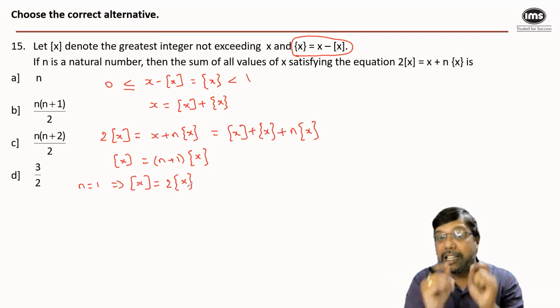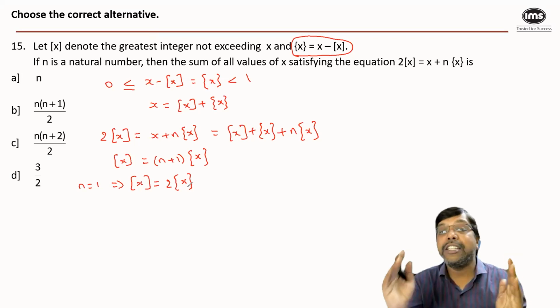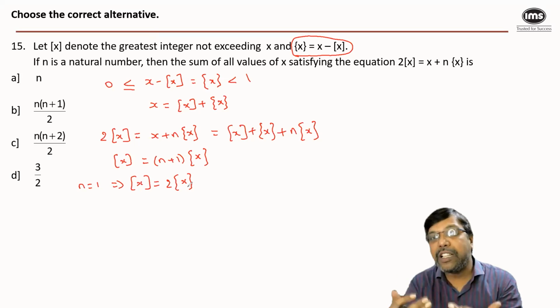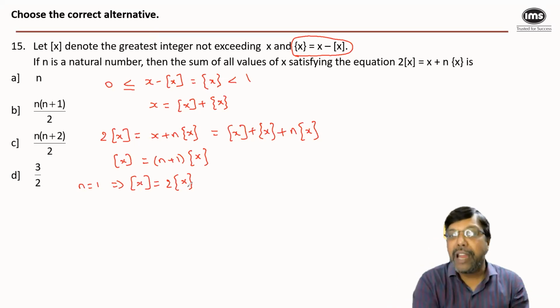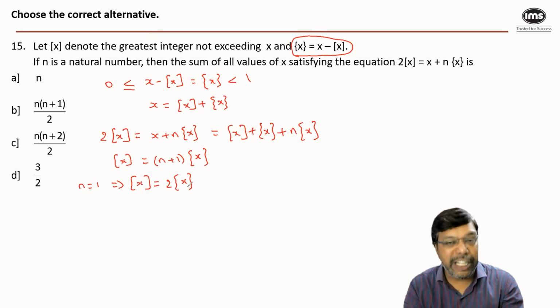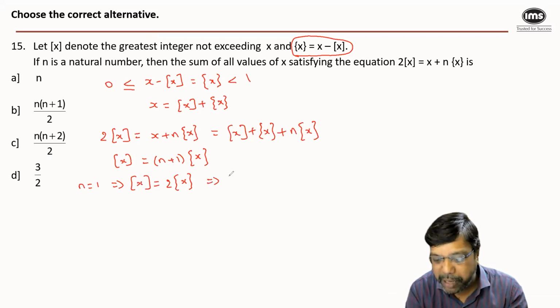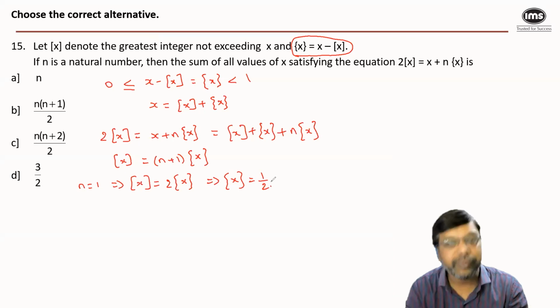And remember, fractional x always lies between 0 and 1. Hence, the only value between 0 and 1 that will make 2 into fractional x an integer is 1 by 2. So from here, I determine that fractional x is equal to 1 by 2.